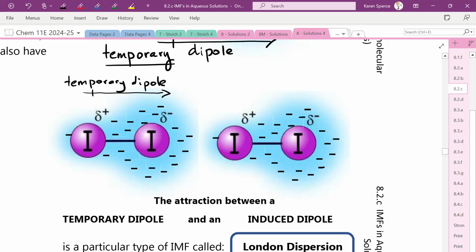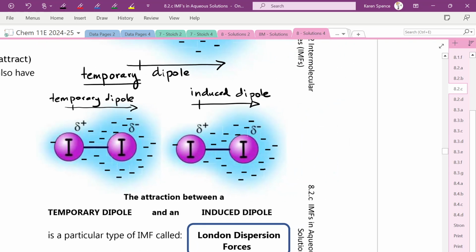So this temporary dipole induces the other molecule to also have a dipole. So we call this second dipole an induced dipole. If something is induced, it is caused to happen.